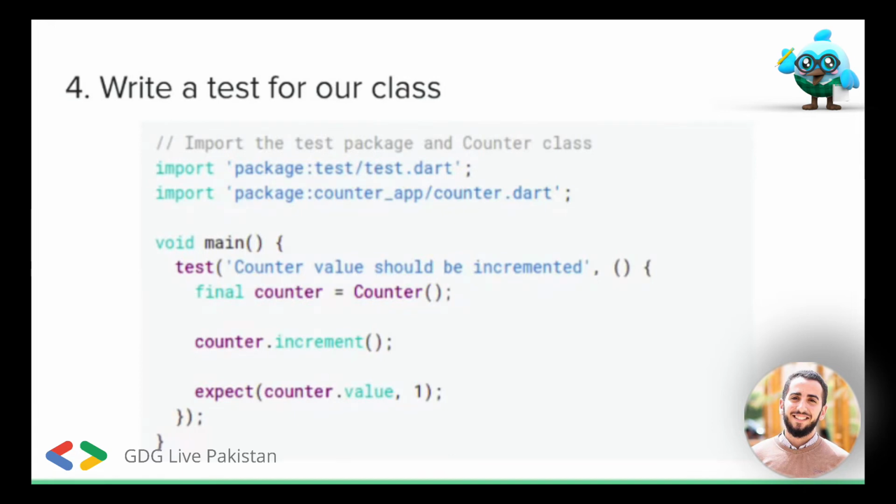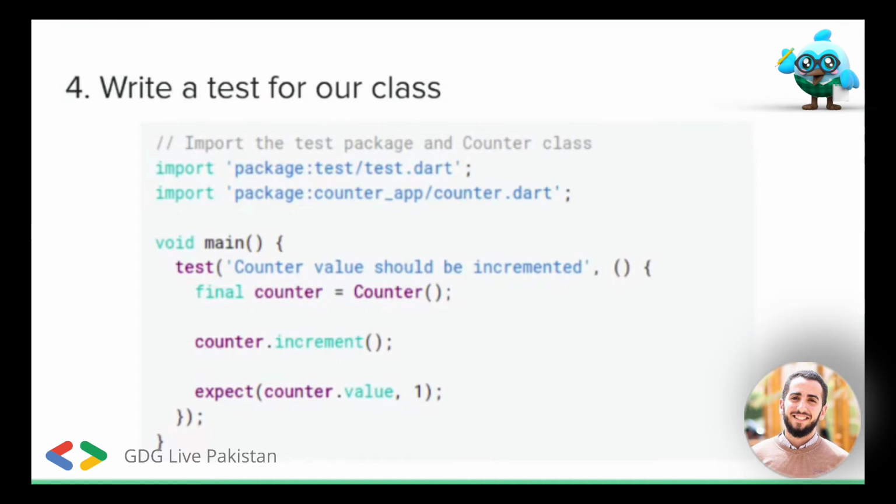I want to verify that everything is working well and the counter is incremented. So I'll call a test function and in the first parameter we add the description for this test case, like a counter value should be incremented, or if we test the decrement feature, we can change it as you want.